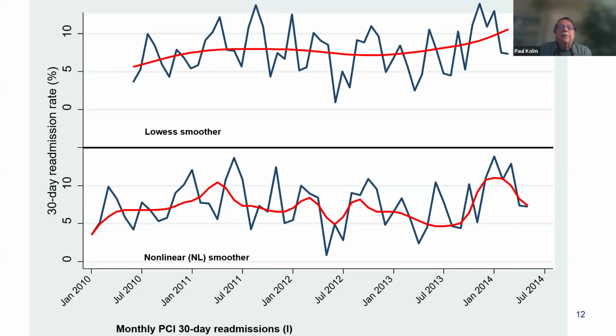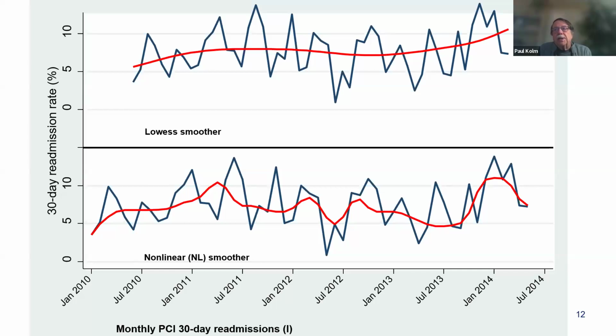You can see the difference in the two: the locally weighted least squares regression results in a fairly smooth trend line, but of course it doesn't always capture the particular fluctuations, whereas the nonlinear one comes closer to actually capturing the fluctuations in the time series.